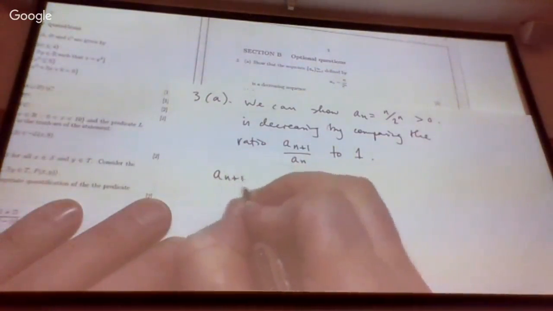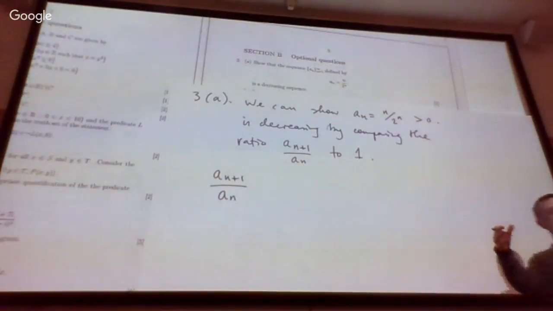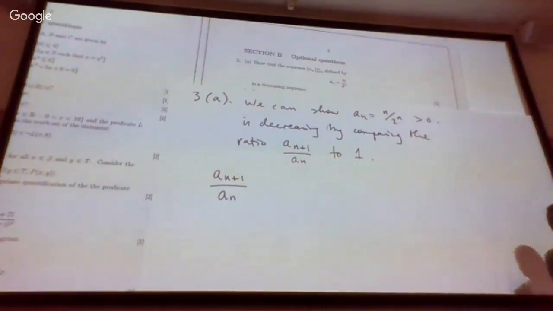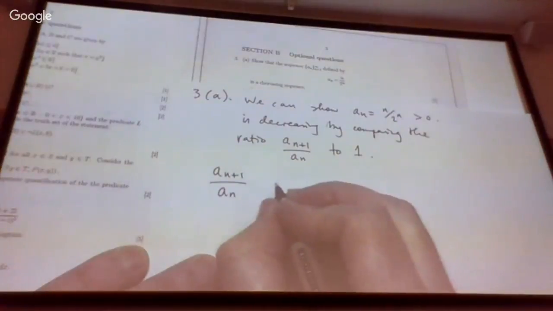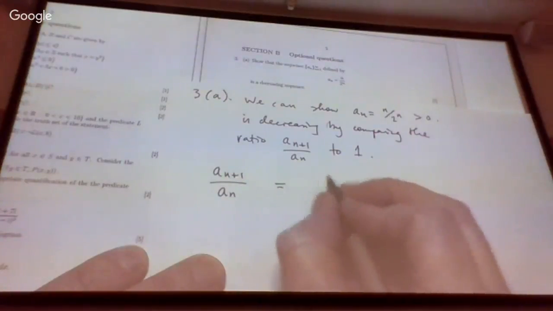I could also equally well look at the difference, an plus 1 minus an, and compare that to 0. Looking at a difference, it's whether it goes either side of 0 that tells you which one is the bigger term. I just choose to go for ratios here, but you could equally well do it with differences.